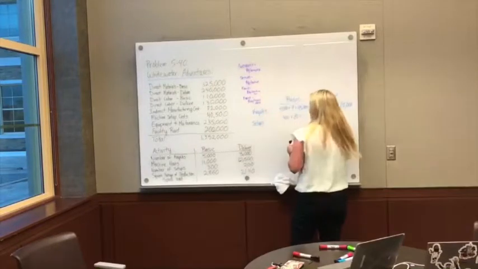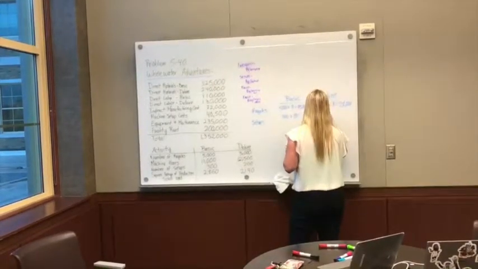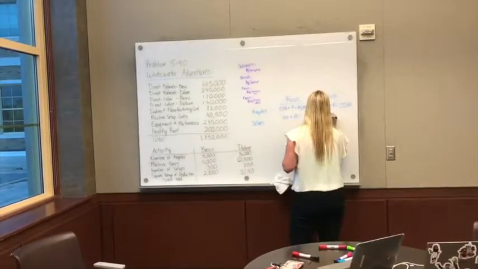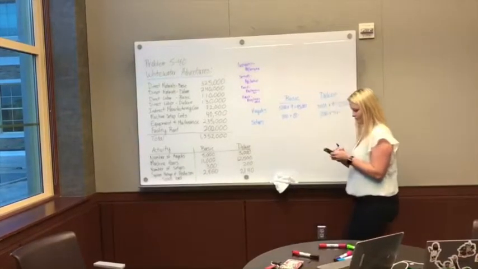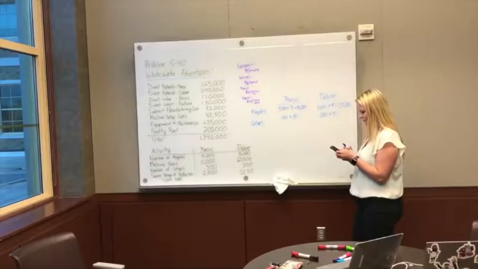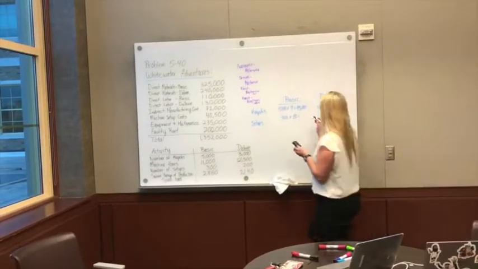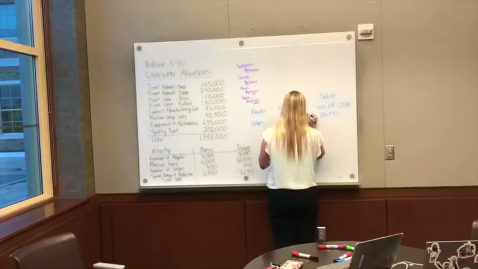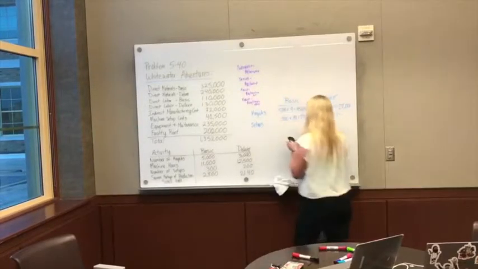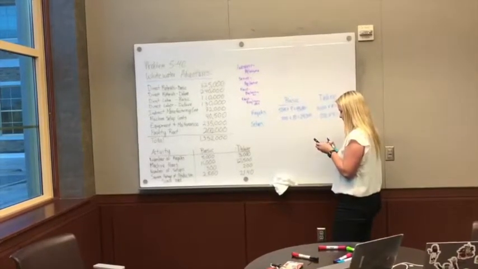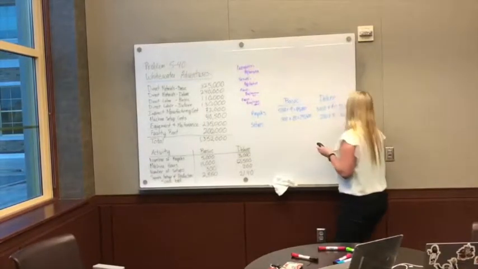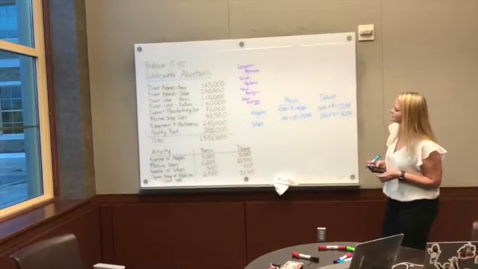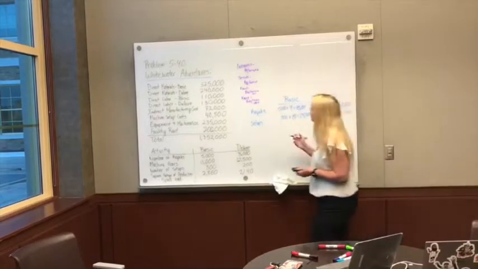And then for deluxe, it is 200 times 81. That equals 24,300 and 16,200.